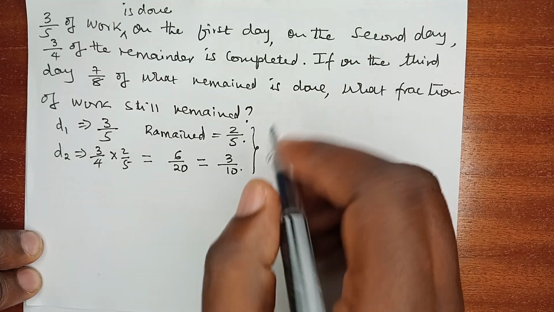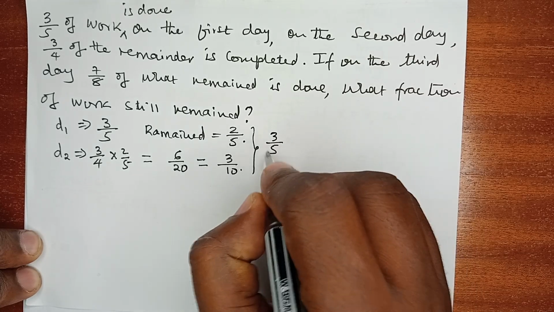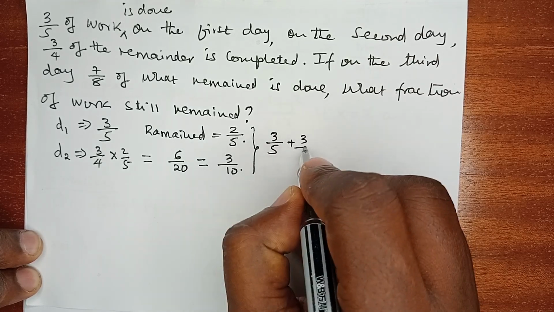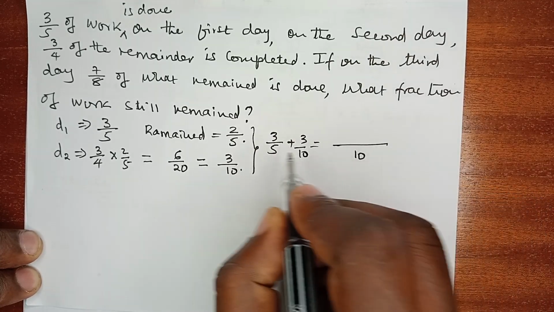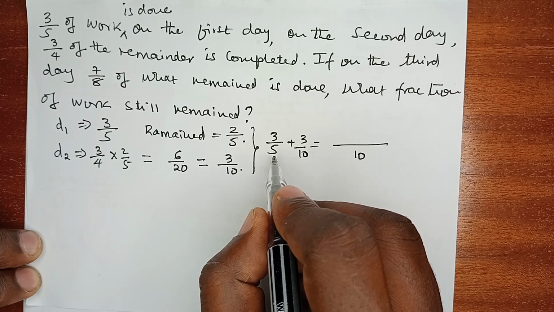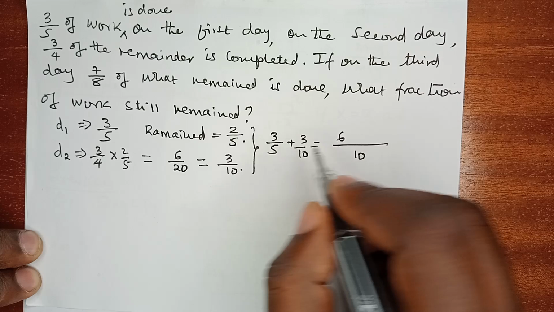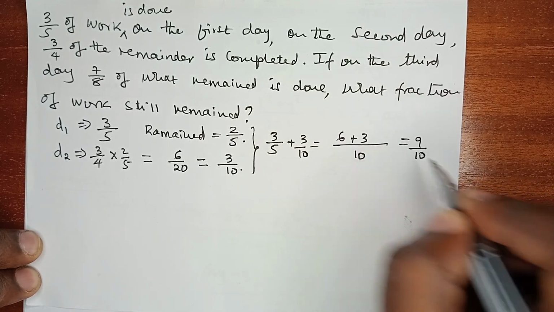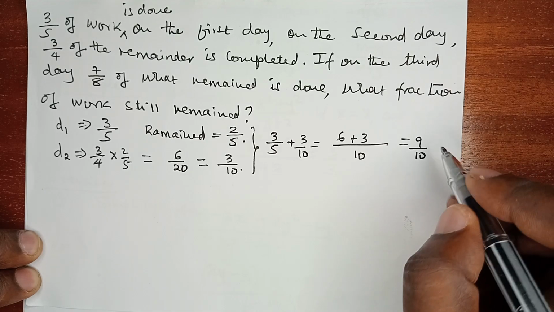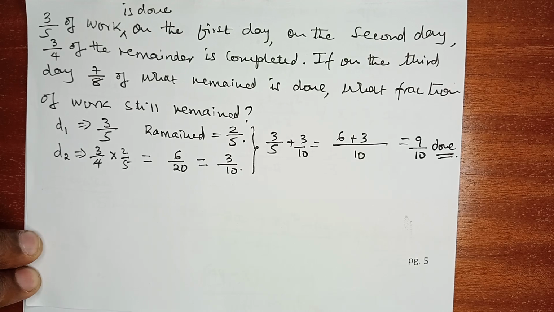We can now find the work done in 2 days: 3 out of 5 plus 3 out of 10, and the LCM is 10. 10 divided by 5 is 2, times 3 is 6. 10 divided by 10 is 1, times 3 is 3. This is 9 out of 10 work done. This is already done in 2 days.